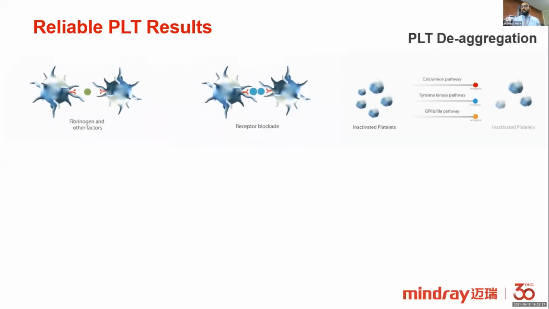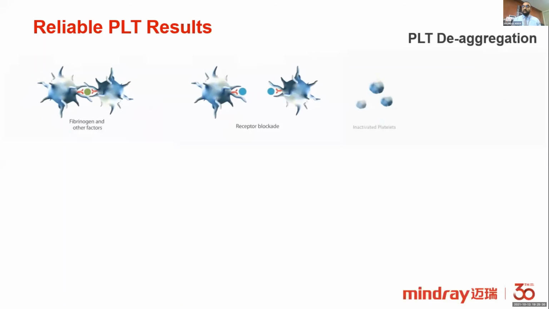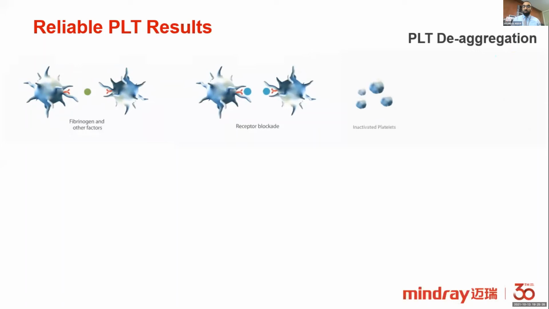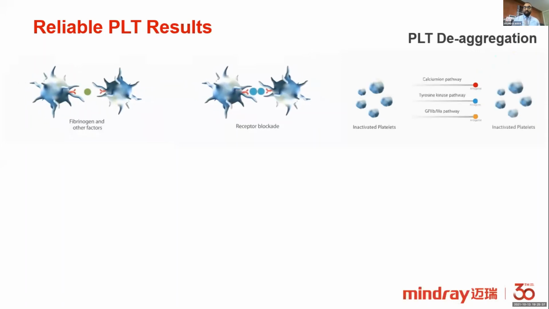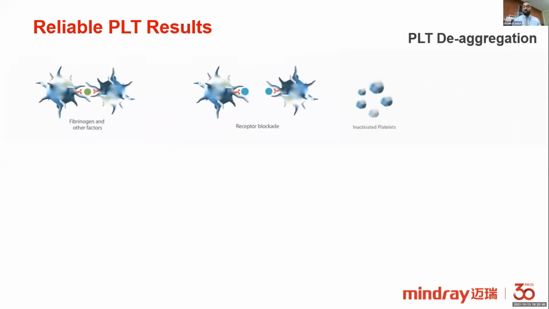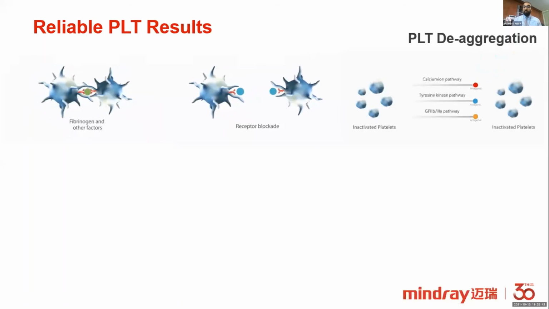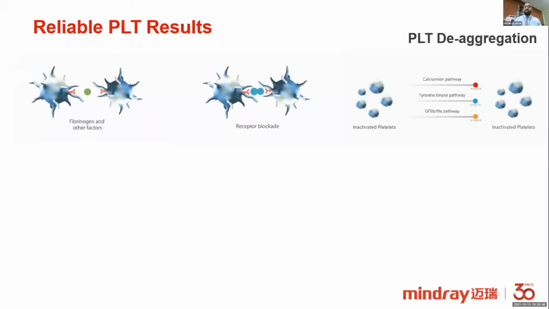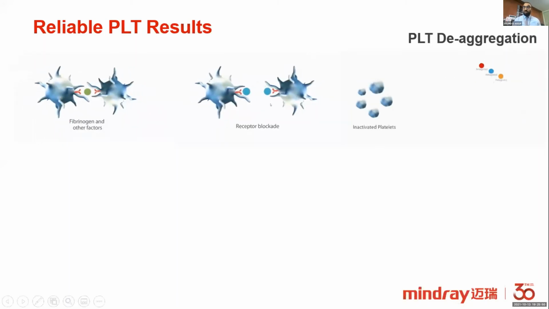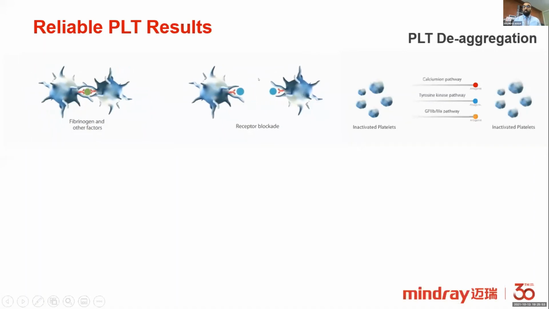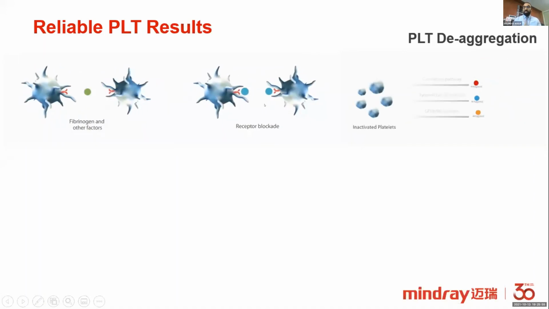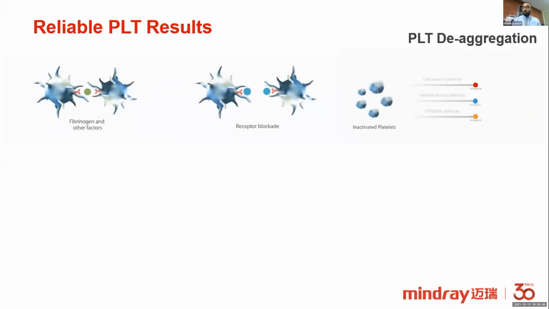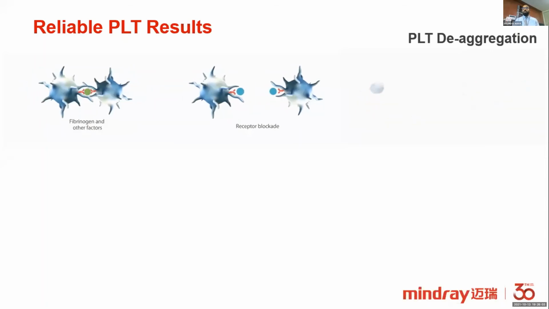Also, one technology that only Mindray has is platelet disaggregation. We use a special reagent and special technology to heat the sample and create a special vortex mixing, just to dissociate and disaggregate the platelet aggregation after activation. We have a special reagent that blocks the activation receptors in the three pathways: the cationic pathway, the thromboxane pathway, and also the glycoprotein pathway.